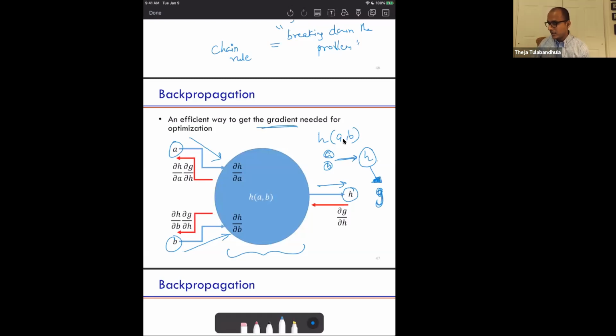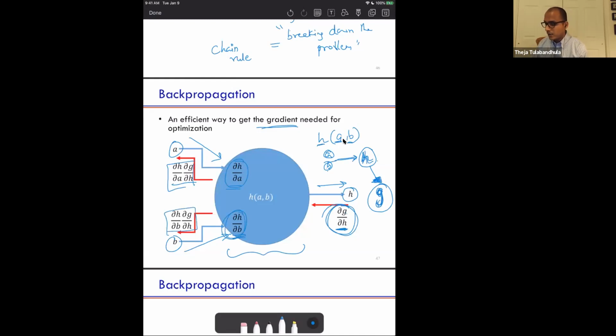This is a node in a computation graph, and if it has access to the gradient from its successor, so that if I input values A and B, some intermediate number H is realized, from which a final number G is realized, then if I know the gradient of G with respect to H, and I know my local gradients, the gradient of H with respect to its input A, and the gradient of H with respect to its second input B, then I can compute the gradient of G with respect to A in this way.